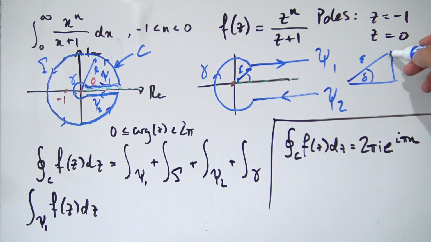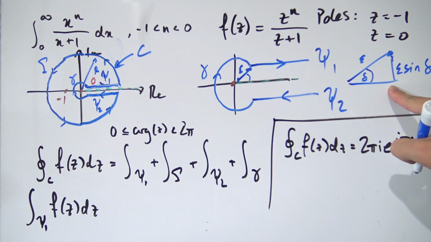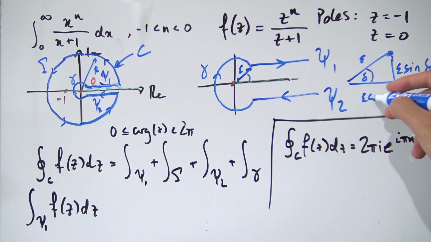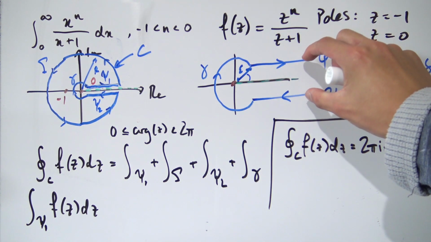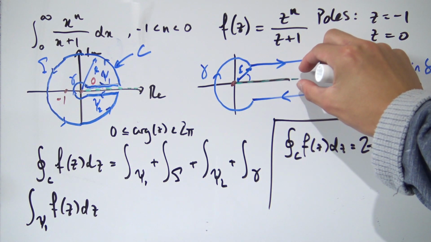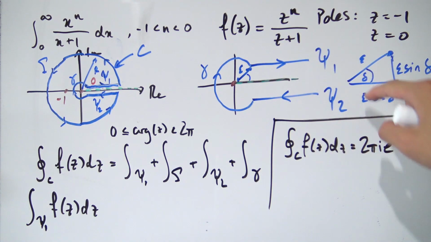This very point where our psi starts has a height of epsilon sine of delta, and on the bottom we have epsilon cosine of delta. Later we want these two paths to close in on each other a little bit, so we're going to be taking the limit as delta goes to 0.